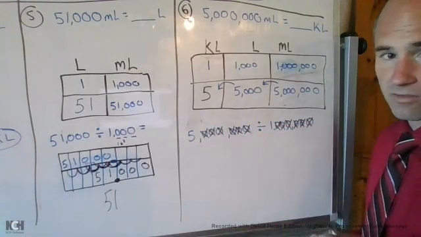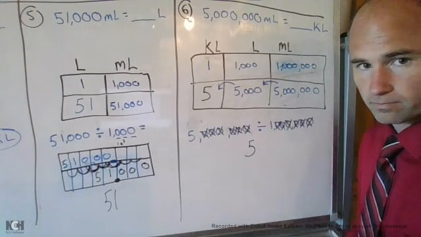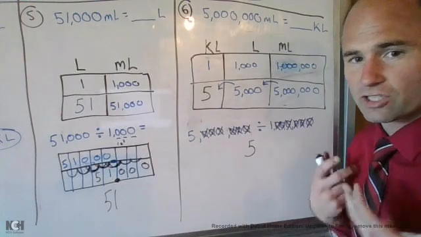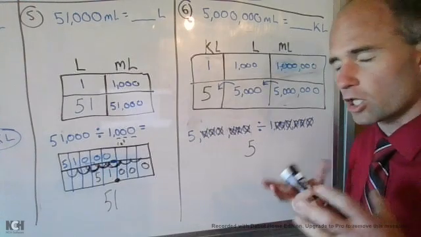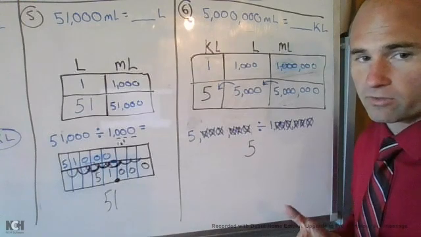And then 5 divided by 1 gives you 5. 2 strategies to use right here when there is shifting involved, when there are these large numbers you have to be dividing that ultimately are powers of 10.